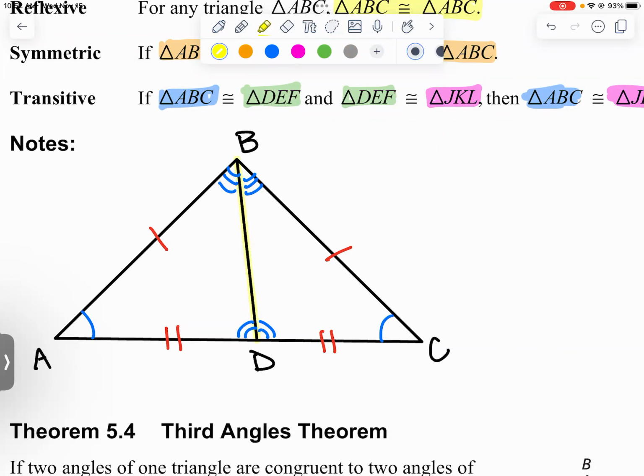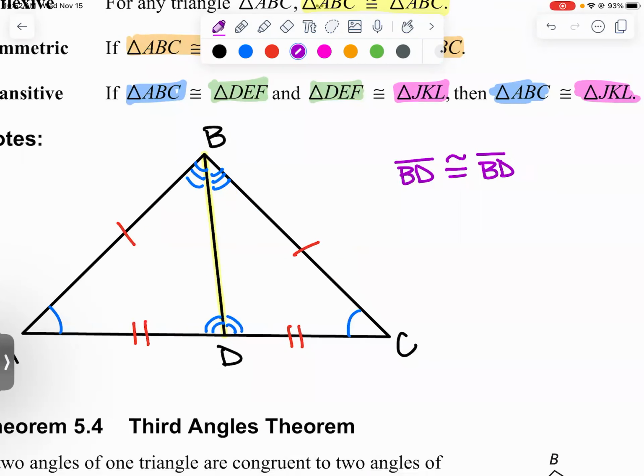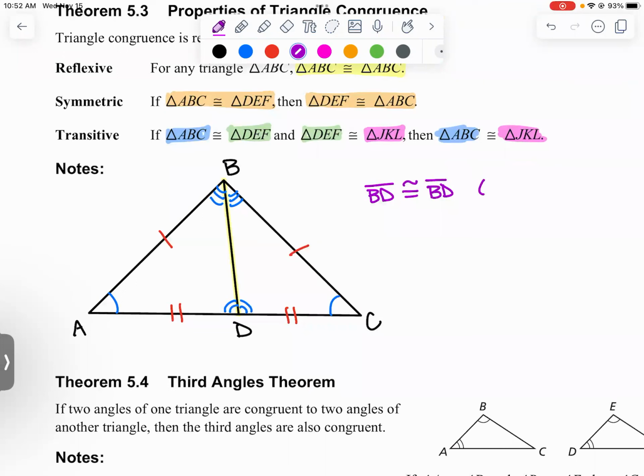Question. Is BD congruent to BD? Ah, it is. So if BD is congruent to BD, then wouldn't that give us our third side?